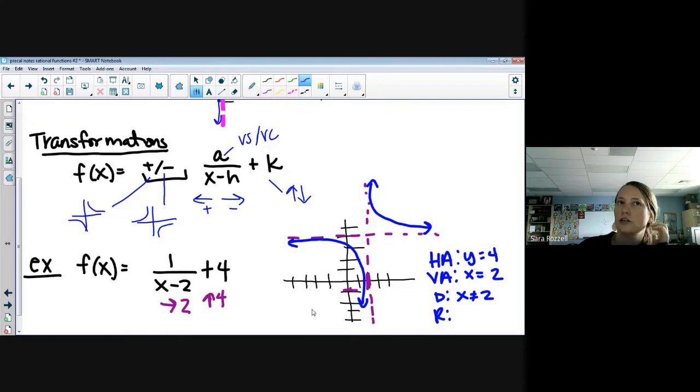And our range, what is the y value that we can't have? Our y cannot be 4. Your horizontal and vertical asymptotes will correspond with your domain and range on this type of graph, if you don't have any holes in it, which we'll get to in a minute.